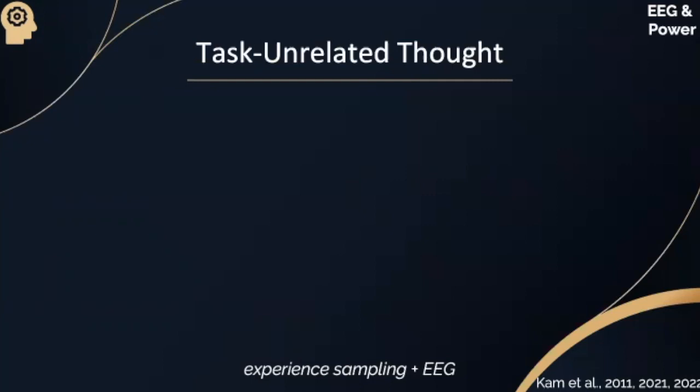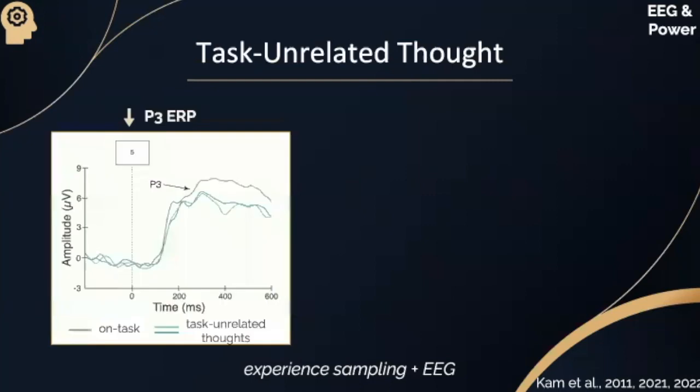One of the most reliable indices of task-unrelated thought is a reduced stimulus-evoked P3 ERP component, as indexed by these teal-colored lines during task-unrelated thoughts, compared to this gray line here indicating on-task thoughts. In other words, our response to experimental task stimuli is attenuated when we're not paying attention to the task at hand compared to when we do pay attention to the task at hand.